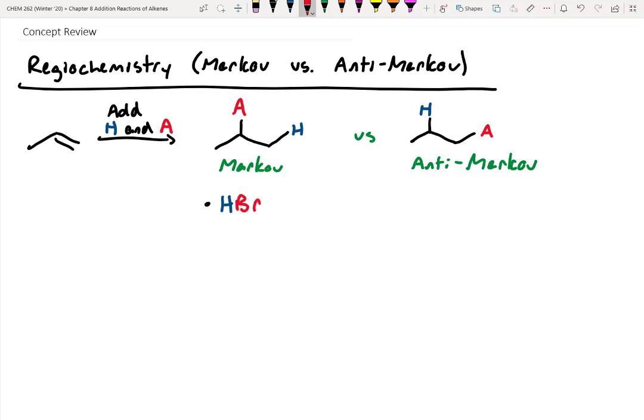Right? So that was our hydrohalogenation. All right, the next one, if we think about it, is going to be our acid catalyst. Followed by water.